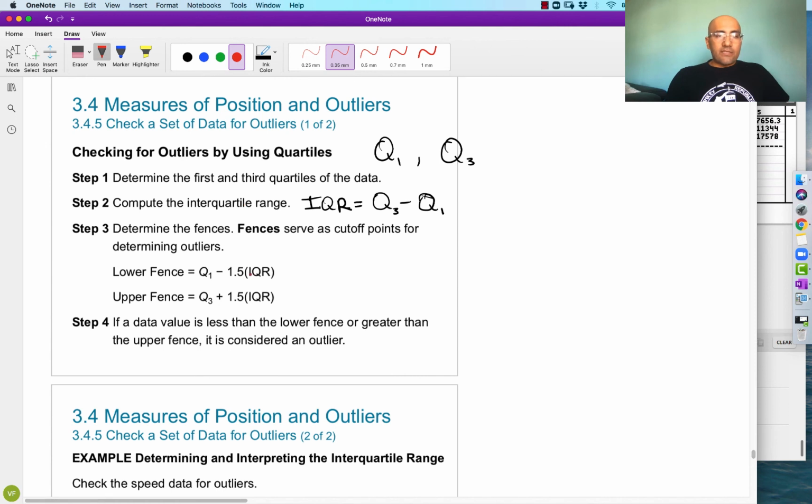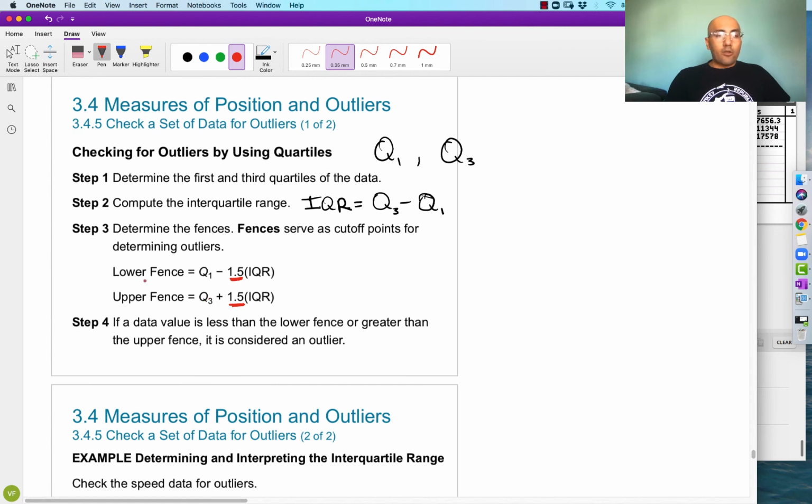So it's a little mysterious as to why there's this 1.5 in here. There really isn't a good answer that I can give you, except that that's just the standard that's been chosen. It's never going to change for us. It's always 1.5, so it's not dependent on a specific question. It's 1.5 multiples of the IQR to the left of the first quartile, and 1.5 multiples of the IQR value to the right of the third quartile.